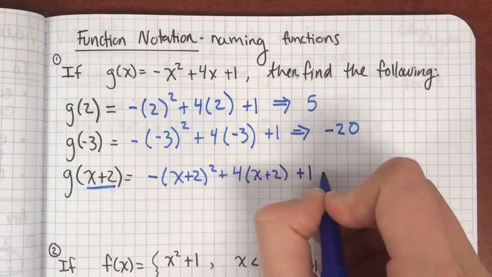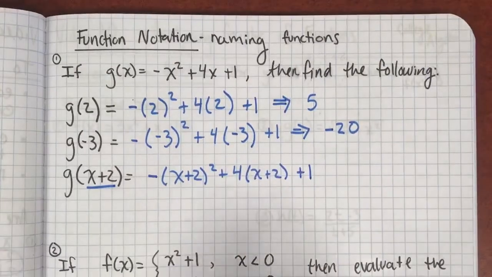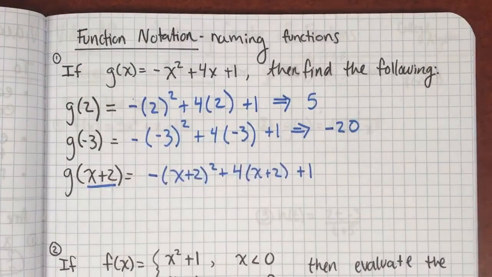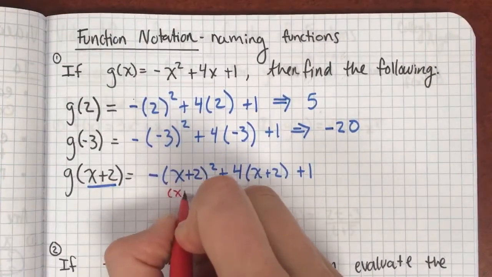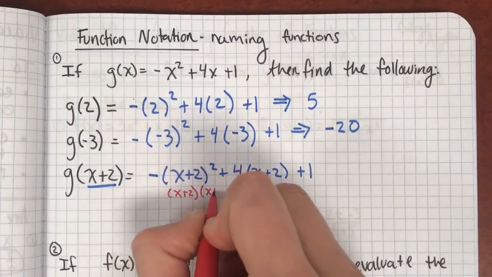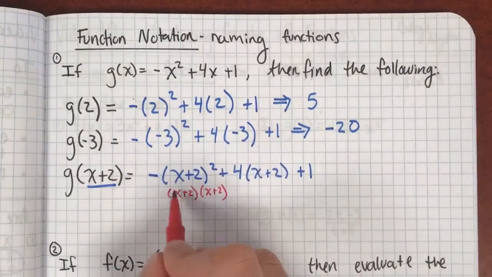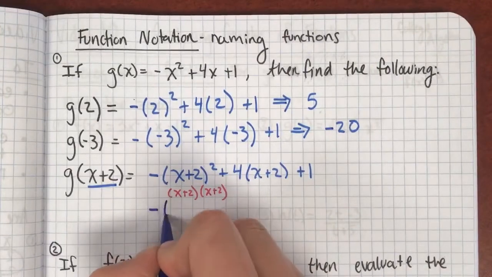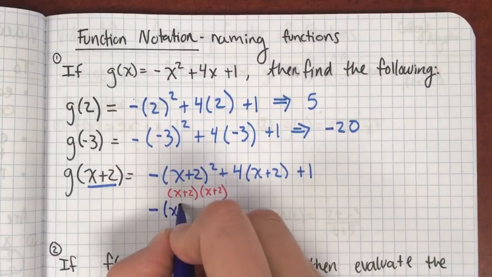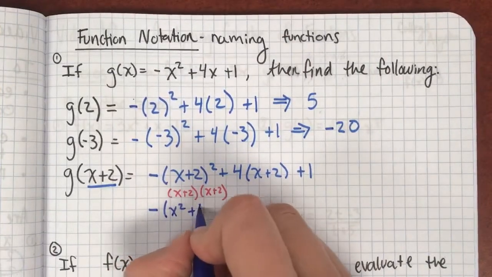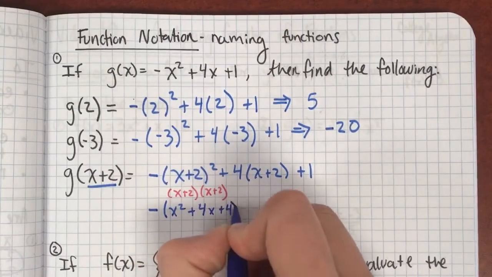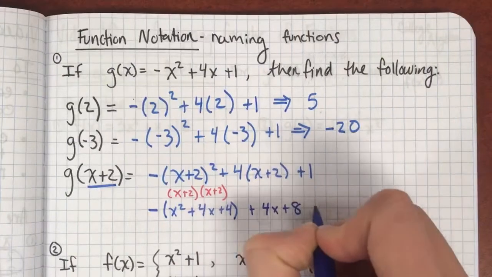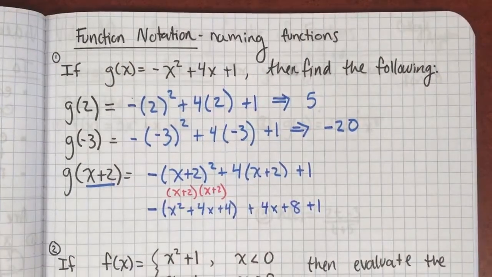And now we're going to have to simplify, okay? And so with this, we're going to quickly do some factoring. Remember, if we square something, that means we write it out twice. So this would be negative (x squared plus 4x plus 4), and then I'm going to distribute here, 4x plus 8 plus 1.